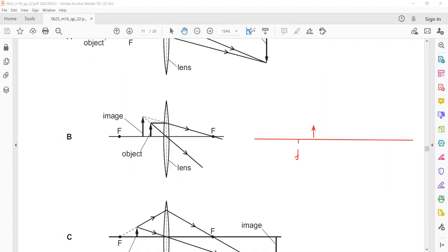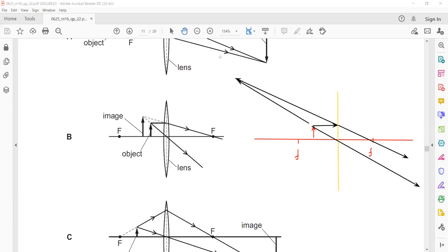Then we position the lens and mark the focus on the other side as well. A parallel light ray will pass through the focus. One through the optical center will pass straight. The two light rays will not intersect, so we will produce them backwards. And the point where these two light rays intersect is the position where the image will form.